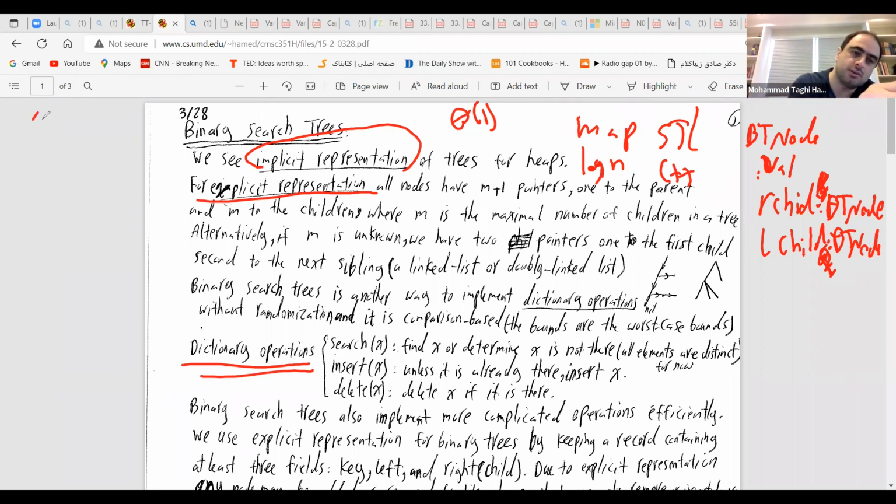And these are also the unordered maps. As I mentioned, the unordered map is just hashing.